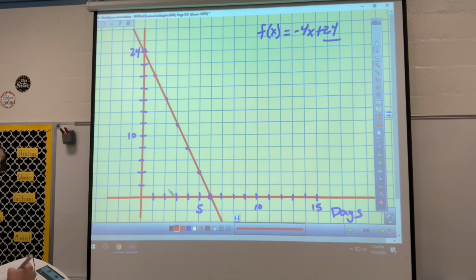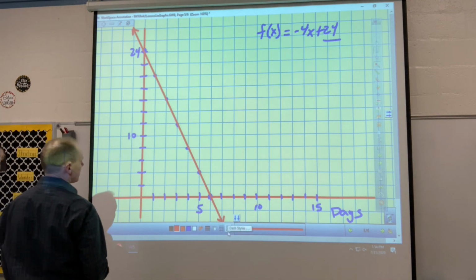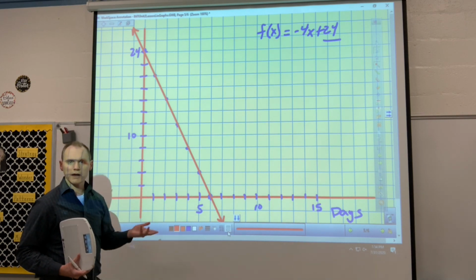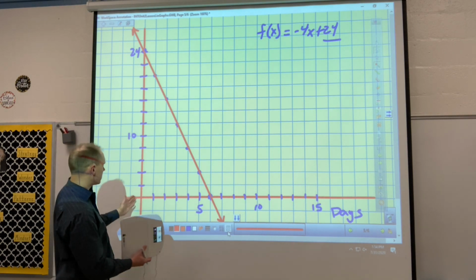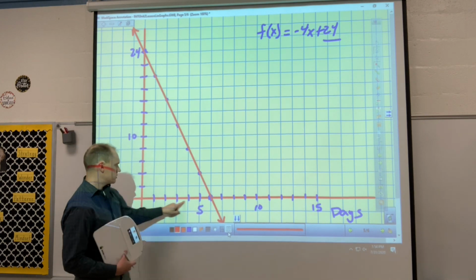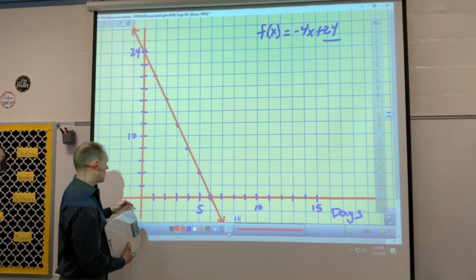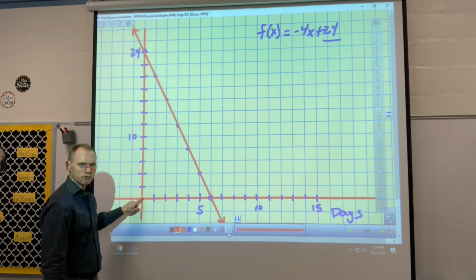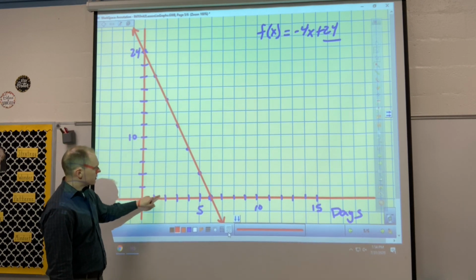I'm going to go ahead and put my arrows because these are going to continue forever and ever in both directions. Now, I think the only part of this function that actually applies in our situation is from 0 to maybe 6. So 0 is when she first spots the river and the height of the river, and then it goes down, down.